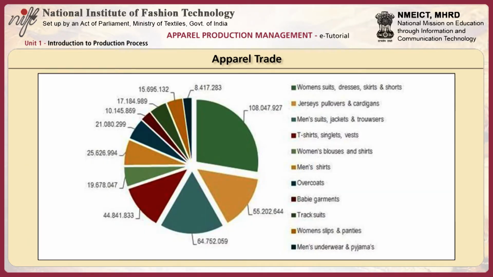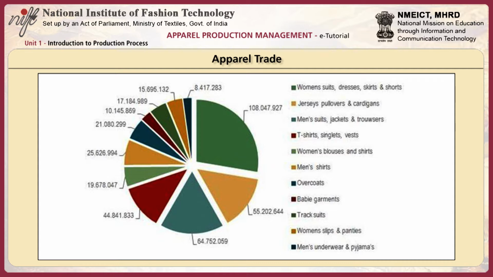As you can see in this chart, the main production is of women's suits, dresses, skirts and shorts. And the second most produced garments are jerseys, pullovers and cardigans, followed closely by men's suits, jackets and trousers.